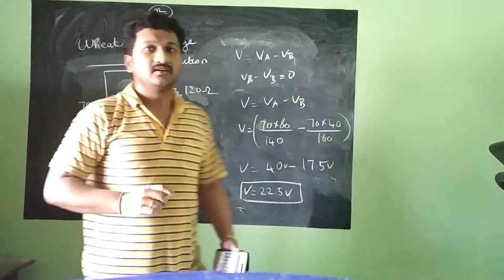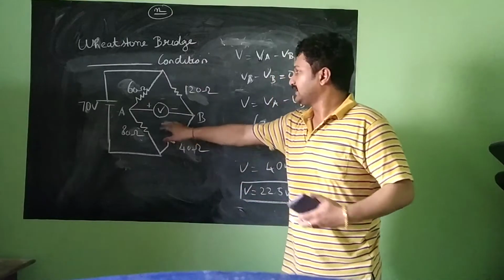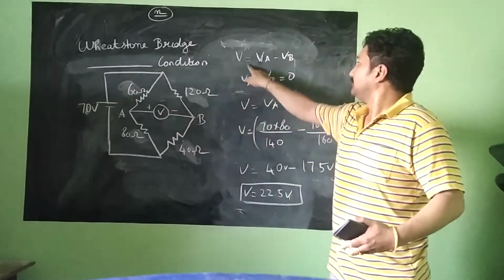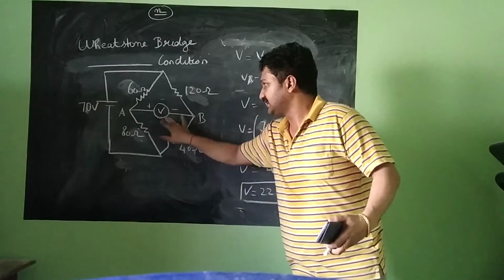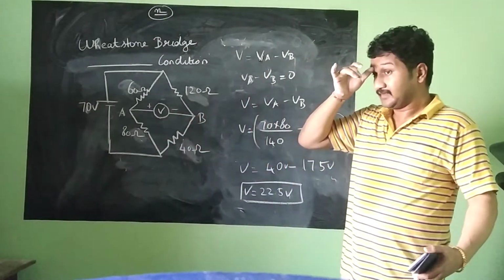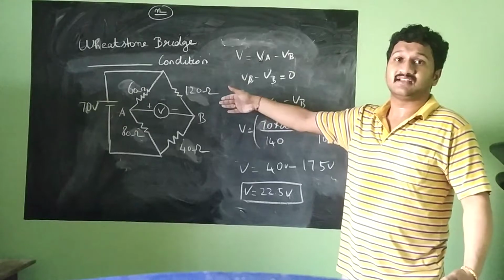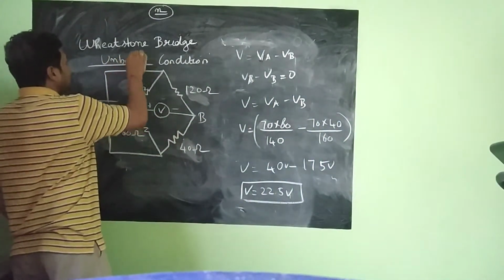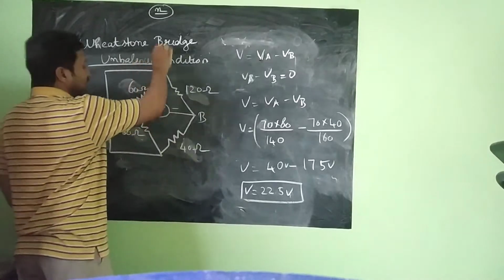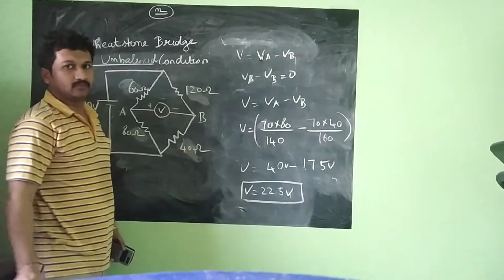So this gives the solution, the voltage drop V equal to VA minus VB across these two branches, and it also says that this bridge is in an unbalanced condition since this voltage is not 0.